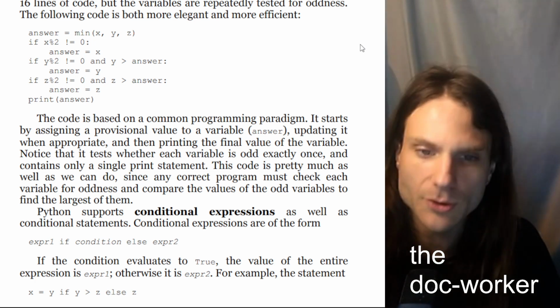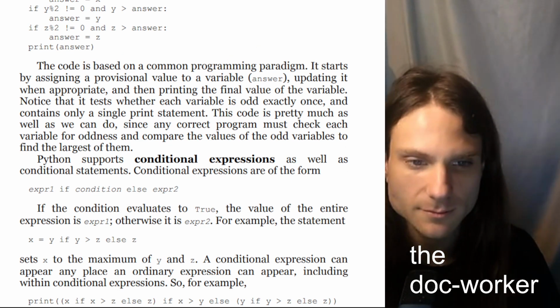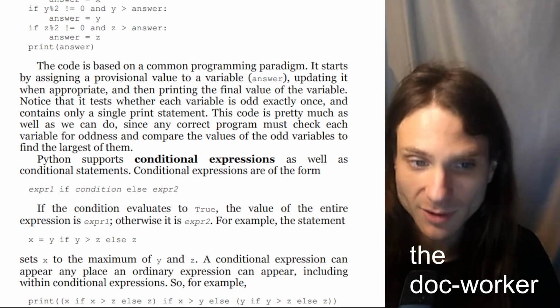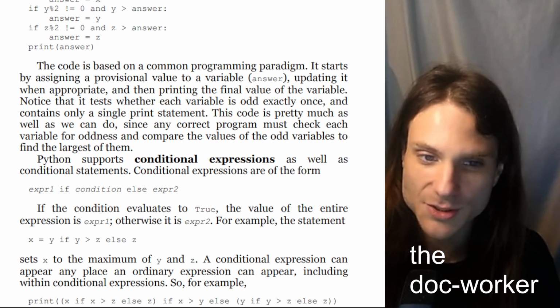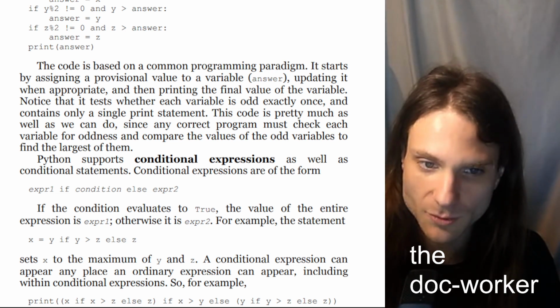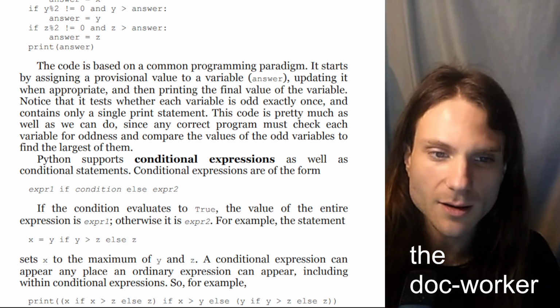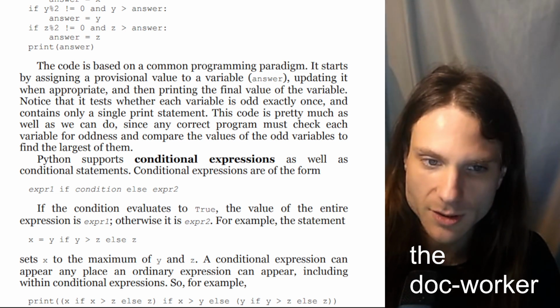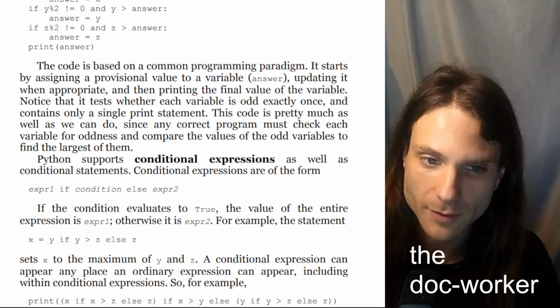The following code is both more elegant and more efficient. We create a variable answer, and we set it equal to the result of passing in our three variables x, y, z as arguments to the min function. Then, if x modulo 2 does not equal 0, our variable answer is updated to the value of x.